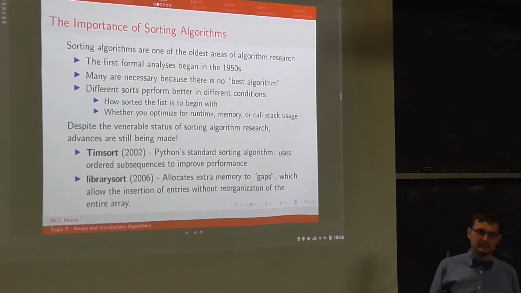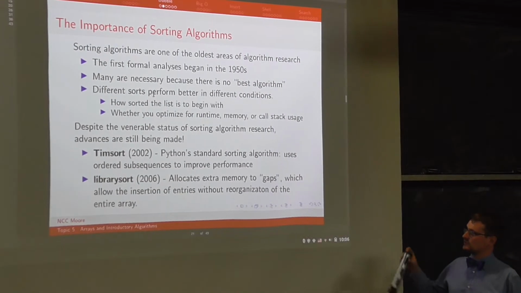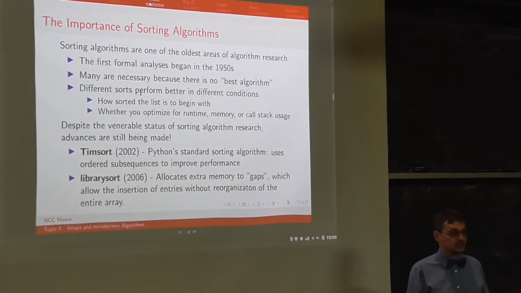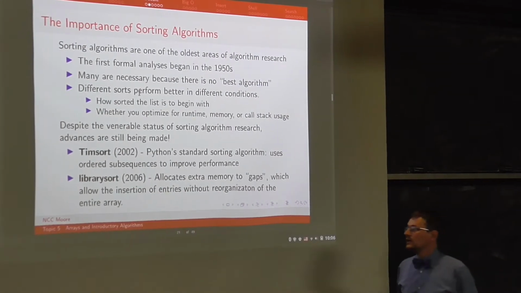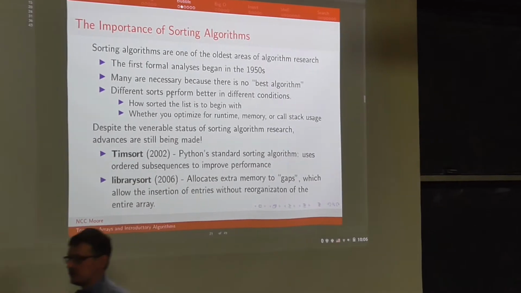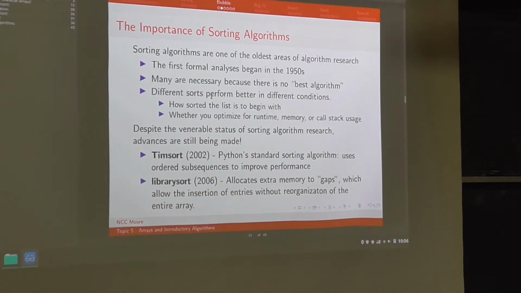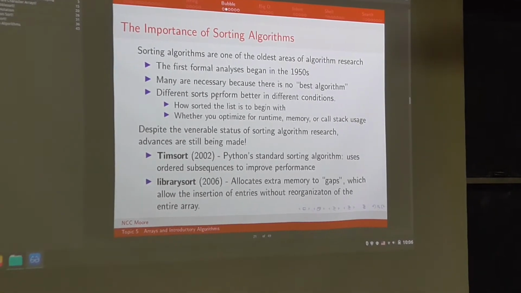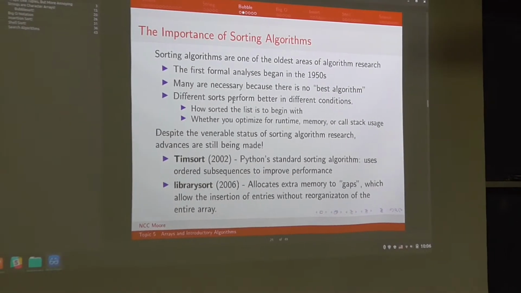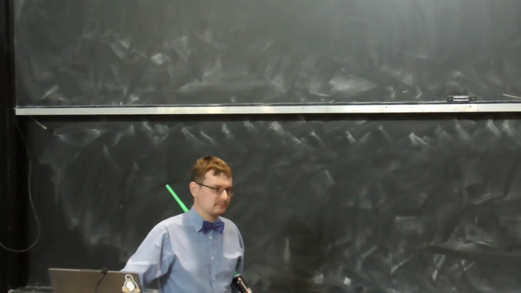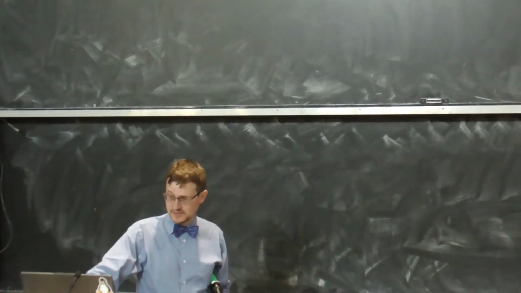And we also have library sort, which allocates extra memory to gaps, which allow the insertion of entries without reorganization of the entire array. Arguably, the best general purpose sorting algorithm is quicksort. It's a recursive algorithm that you guys don't have enough algorithms or recursion under your belt to probably have a true appreciation for the genius of quicksort, but we'll start off from the beginning.